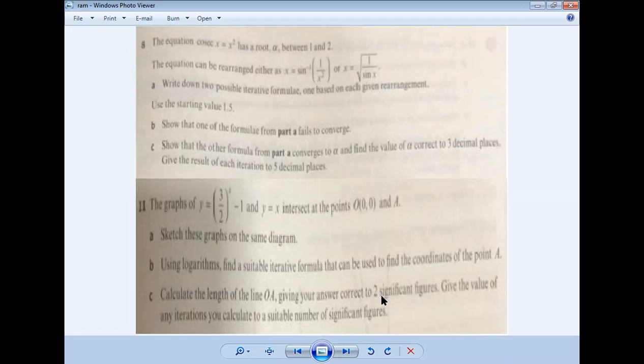Give the value of any iteration you calculate to a suitable number of significant figures.